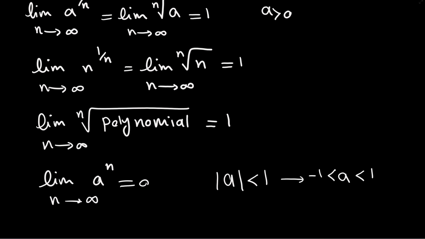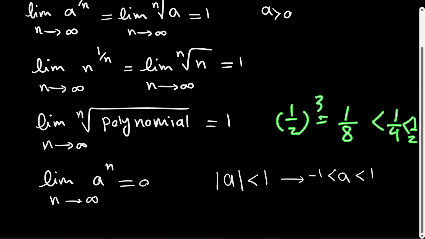So if a is between -1 and +1, then a to power n equals 0 because, for example, consider 1/2. 1/2 to power 2 is 1/4, and 1/4 is less than 1/2. And then 1/2 to power 3 is 1 over 8. And 1 over 8 is less than 1 over 4, which is less than 1/2.